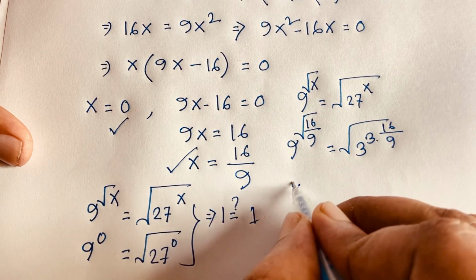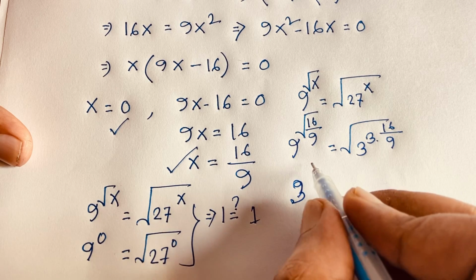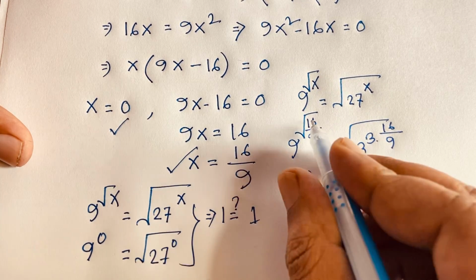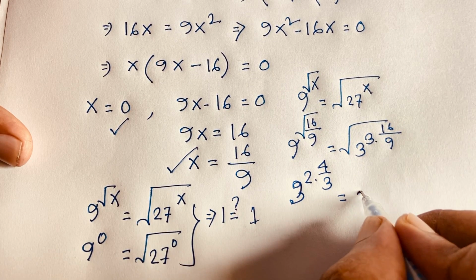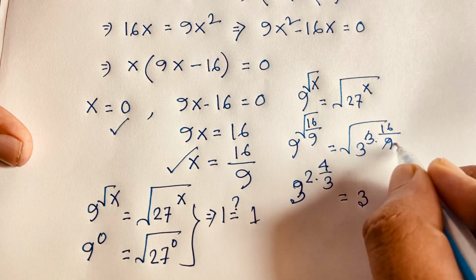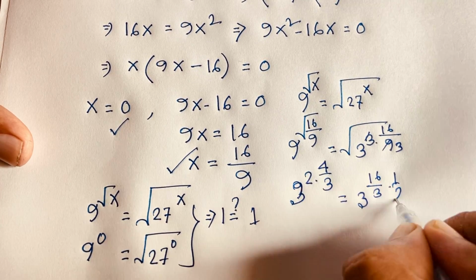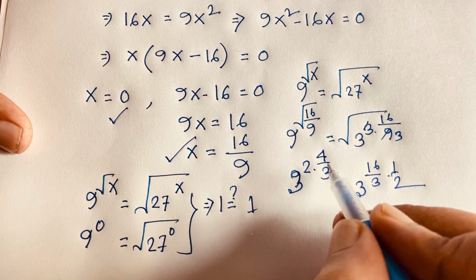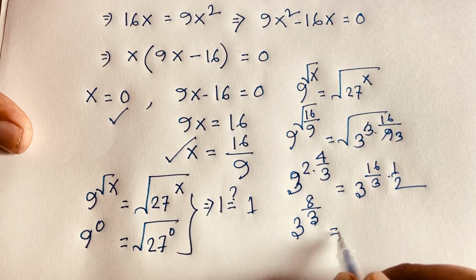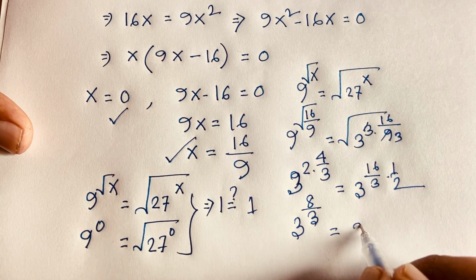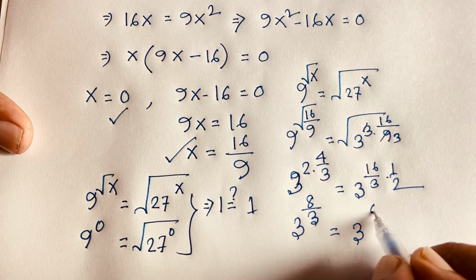Then I can say 9 is 3 to the power 2, and square root of 16 over 9 is 4 over 3, so 3 to the power 2 times 4 over 3, which is 8 over 3. On the other side, 3 to the power 3 times 16 over 9 is 16 over 3, and because of the square root it will be half, so 16 divided by 2 is 8, so I get 8 over 3.